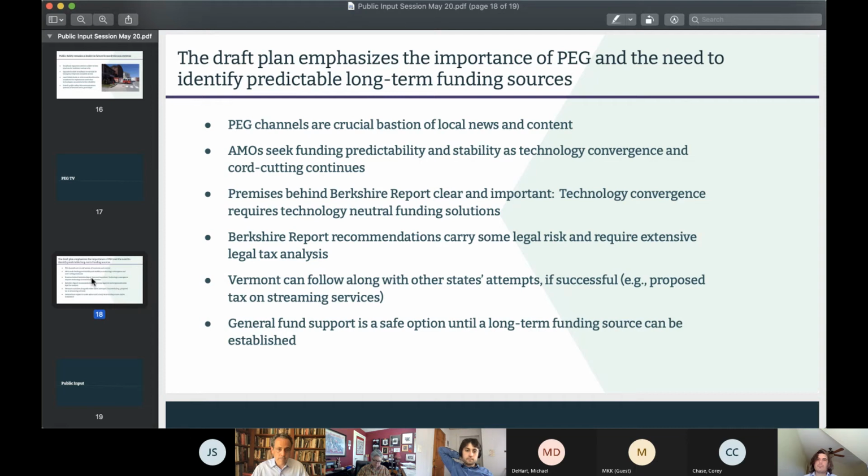We did reference the Berkshire report and say that there are some really interesting recommendations for the ongoing viability of PEG stations as franchise fees start to disappear, as folks are no longer subscribing to traditional cable. But it was not in the scope of our work to do a full legal assessment of some of those recommendations.